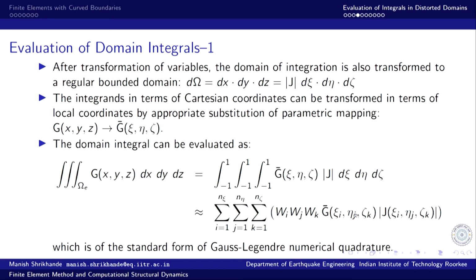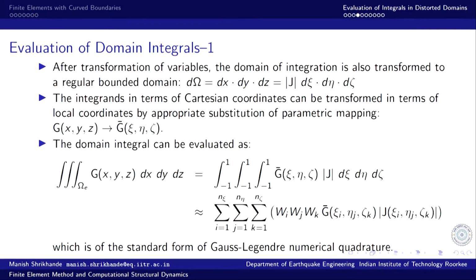So i, j, k vary over the different points, depending on the number of points for the evaluation of the quadrature, that is, how many samples are to be taken in each coordinate direction. n_xi is the number of sampling points along the xi direction, n_eta is the number along the eta direction, and n_zeta is the number along the zeta direction, and the weighting coefficients of course vary according to the number and position of sampling points.